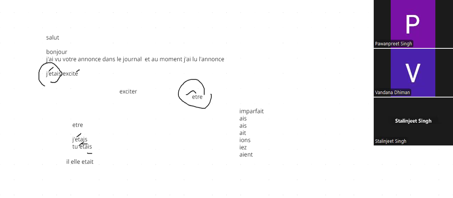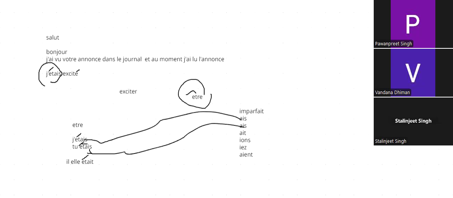Il était. The formula is with je it's AIS, with tu it's AIS, with il it's AIT. Is it clear to you? Nous étions. Nous IONS, you have to make ET, IONS.